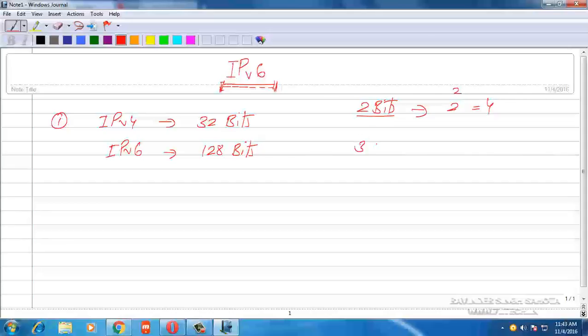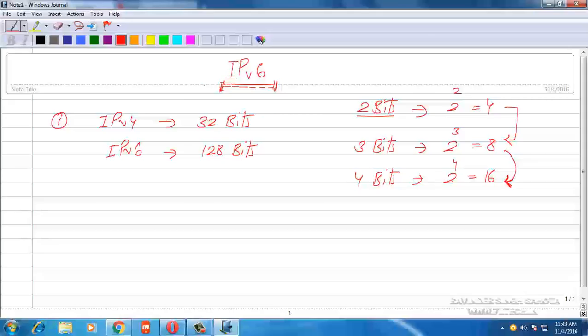If we increase the address space by one more, that is 3 bits, then the number of addresses we are going to get is 2 raised to 3, which is 8. Right. So the number doubles with each bit. Similarly, if we have a 4 bits address, then the number of addresses we are going to get is 2 raised to 4, which is 16. Which again doubles the 3 bits address space.